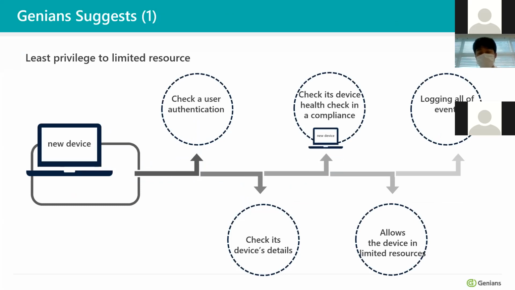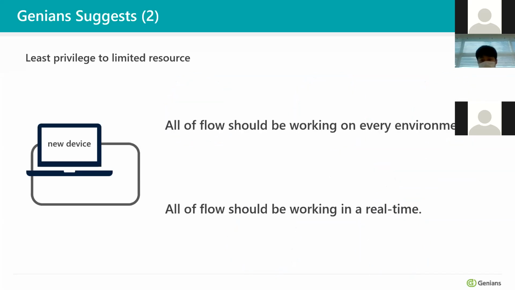It's even better if we can check the health status of the device, because even if we check the device and the user, we don't know whether the device is safe to connect to our network, since it may already contain malicious code. Finally, allow the devices access to limited resources, depending on their role or the status of the device they bring. And of course, we need to monitor all the processes all the time.